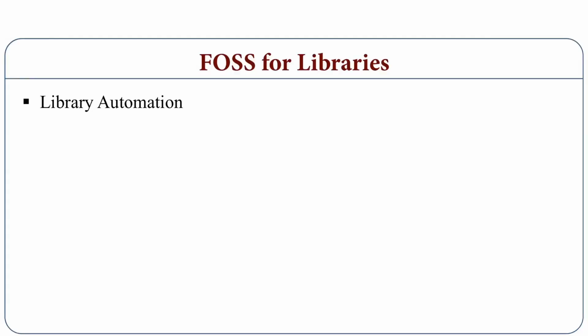To automate your library, Koha is presently the most popular and most used software in India, because it is not only free and open source software, but it also provides all the features which are required by a library in terms of acquisitions, circulation, import and export of library catalog records from other libraries, and all these features.